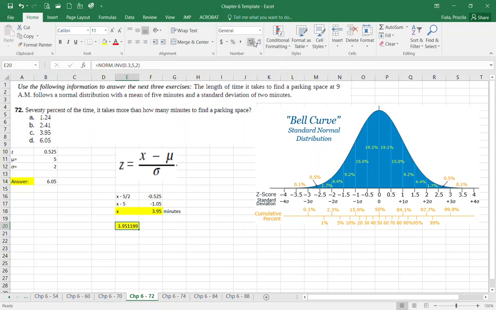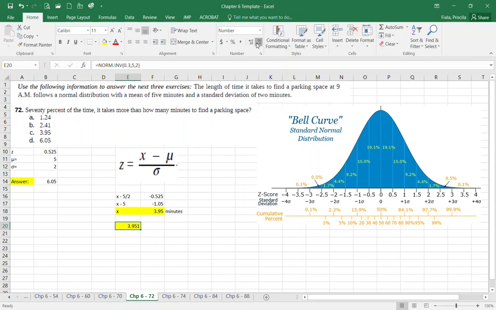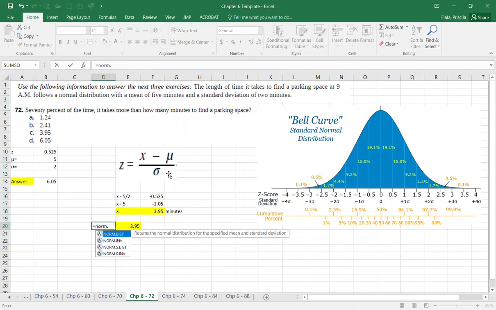So yes, we do have a formula, but if you are not very experienced with Excel, you have to be very careful when you're using the norm. Oh, and another thing: if you're using a normal distribution function, you notice that you have NORM.DIST and you have NORM.S.DIST. Why? Remember when I said when we're working with the population, then you're going to have your mean and your standard deviation, the symbols for the mu and the sigma.